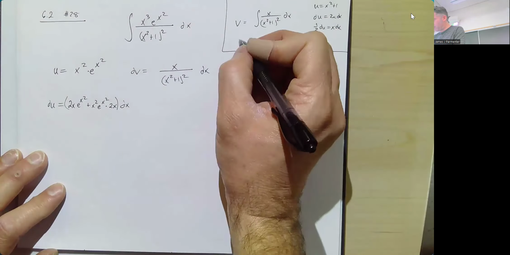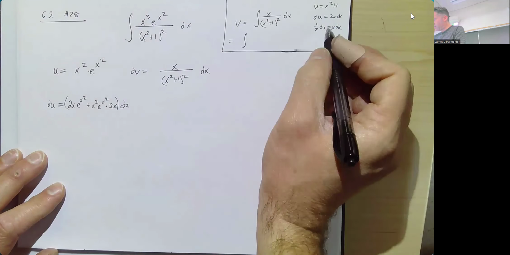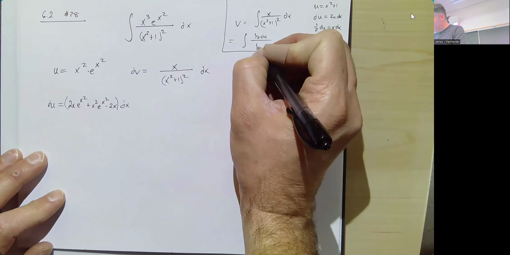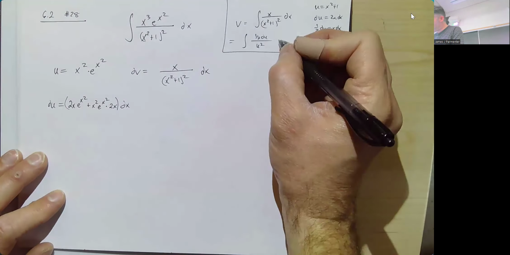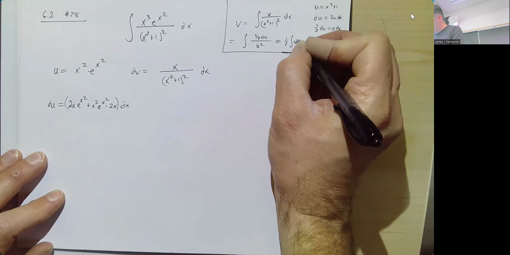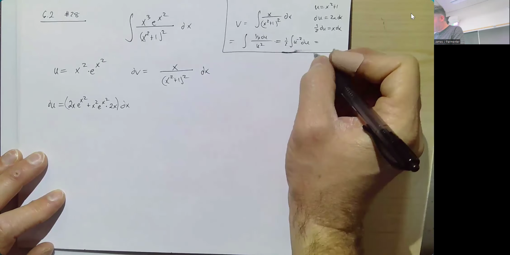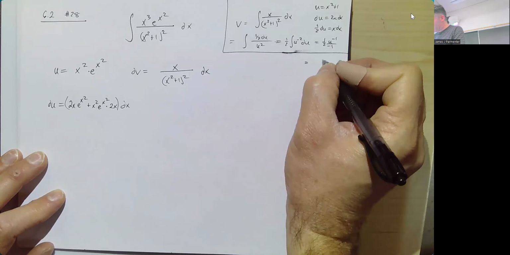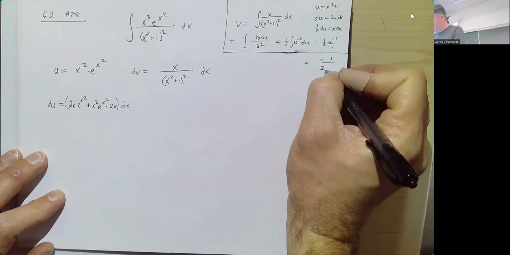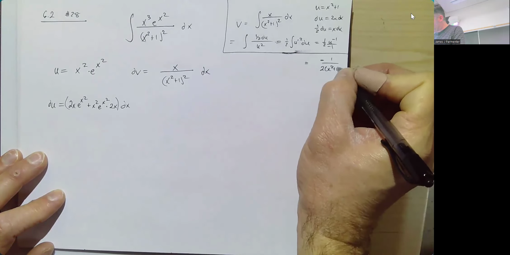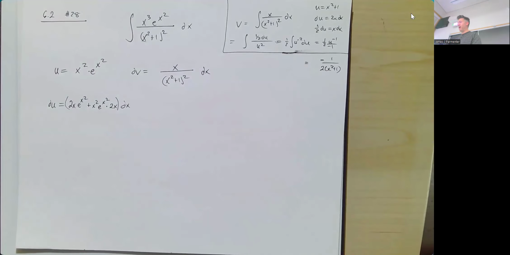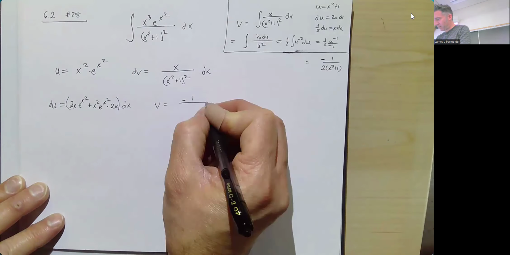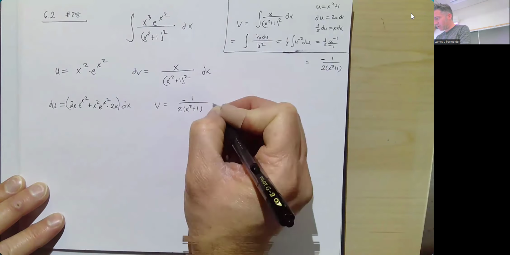This integral is going to become the integral of 1/2 du over u squared. Or if you prefer, 1/2 the integral of u to the negative second. So that's going to be 1/2 u to the negative 1 over negative 1, which is going to end up being negative 1 over 2 times x squared plus 1. Okay, that's my v.